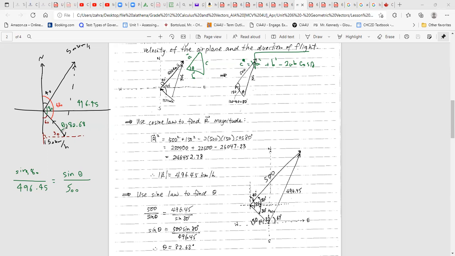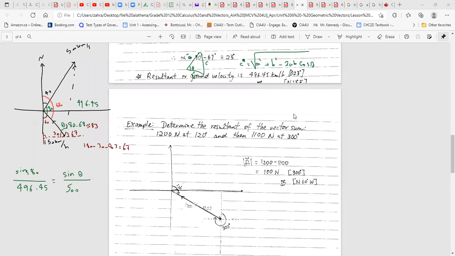And this angle here, we can easily find by saying 180 minus 30 minus roughly 83. So this angle gives you 67. So we got the angle. Here the magnitude is 496.45 and the angle is 67 to the horizontal, or you can say east 67 north will be the resultant.